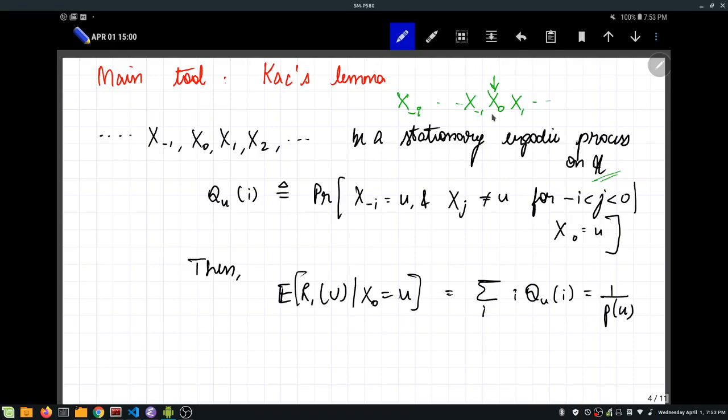So Qu of i is basically the probability that the closest match is i symbols far away from the current symbol.